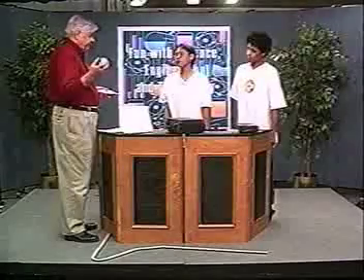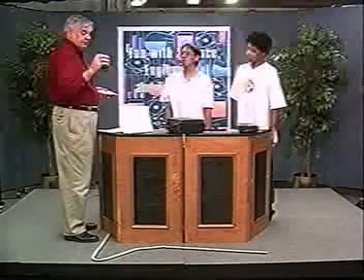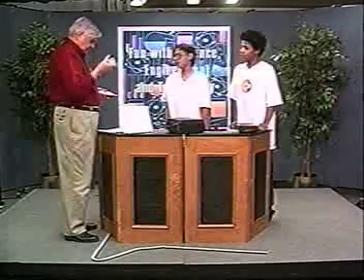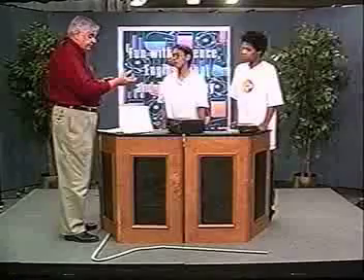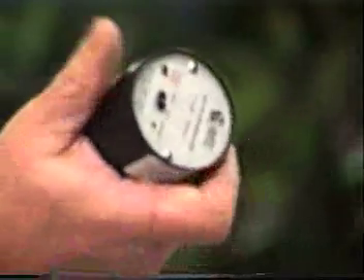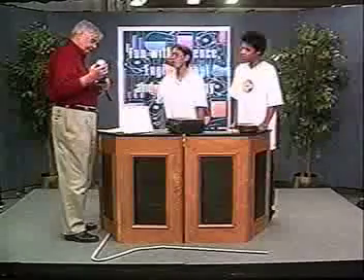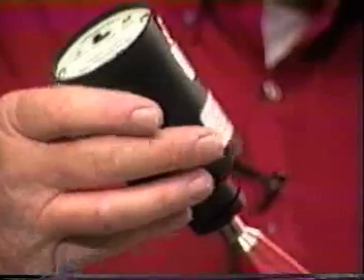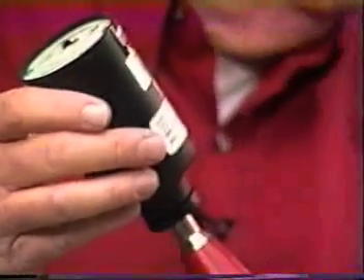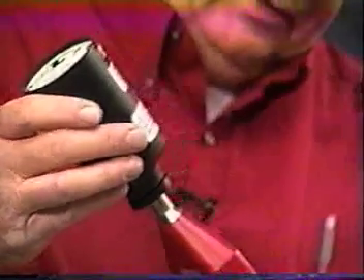What do you think it should do? It should generate some sound. Turn it on. You hear it? If we put it over top of the microphone like this, the amount of sound coming out is 114 dB at that distance.